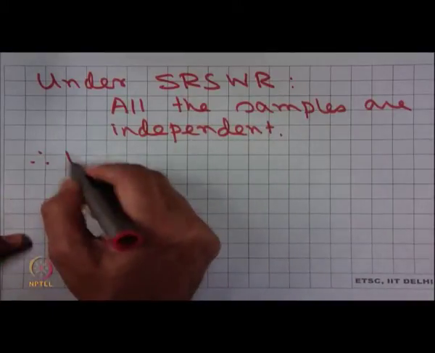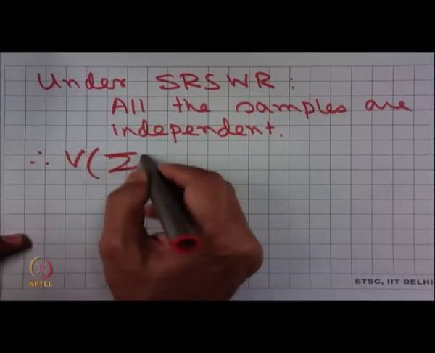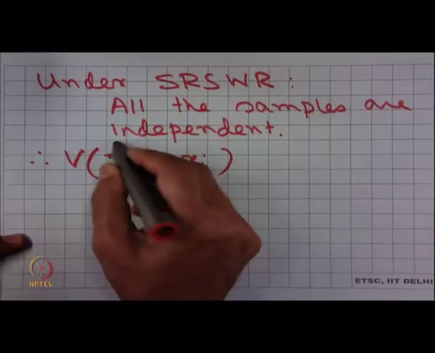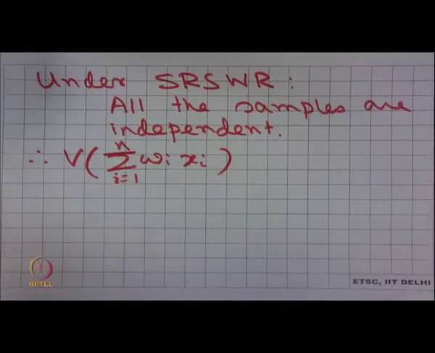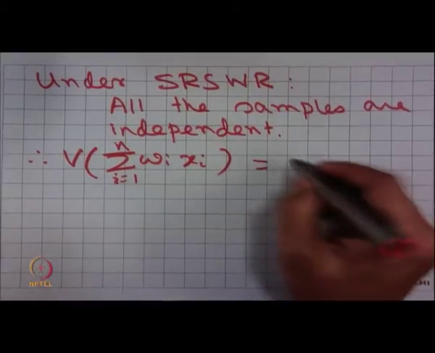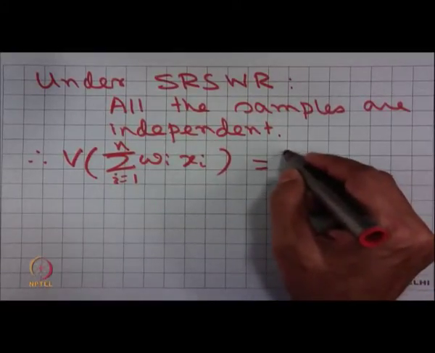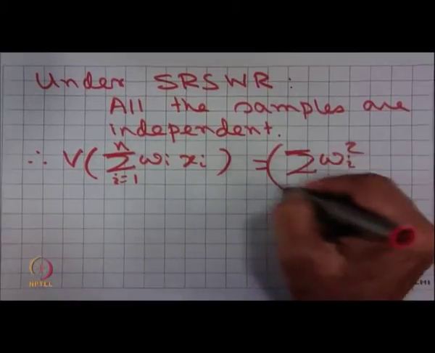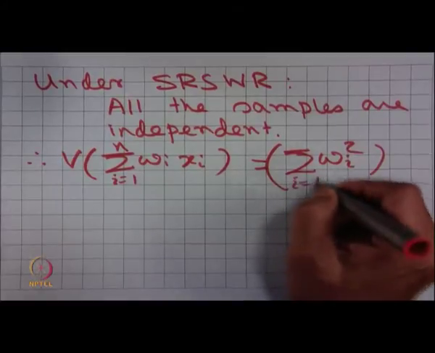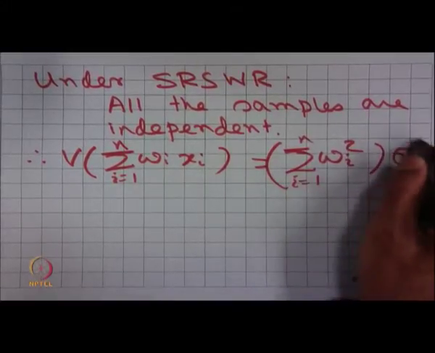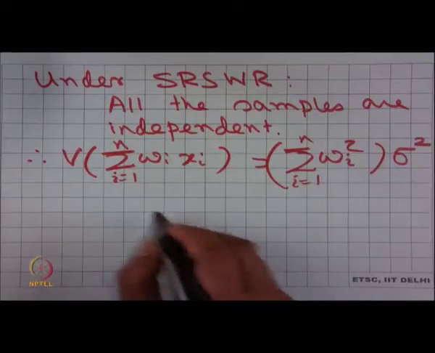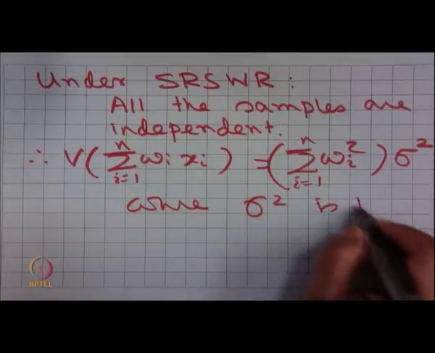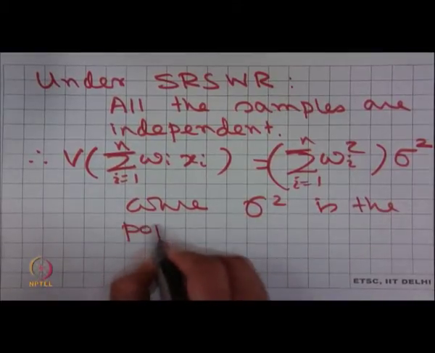Therefore, variance of sigma wi x i, i equal to 1 to n, is equal to sigma wi square, i equal to 1 to n, into sigma square, where sigma square is the population variance.